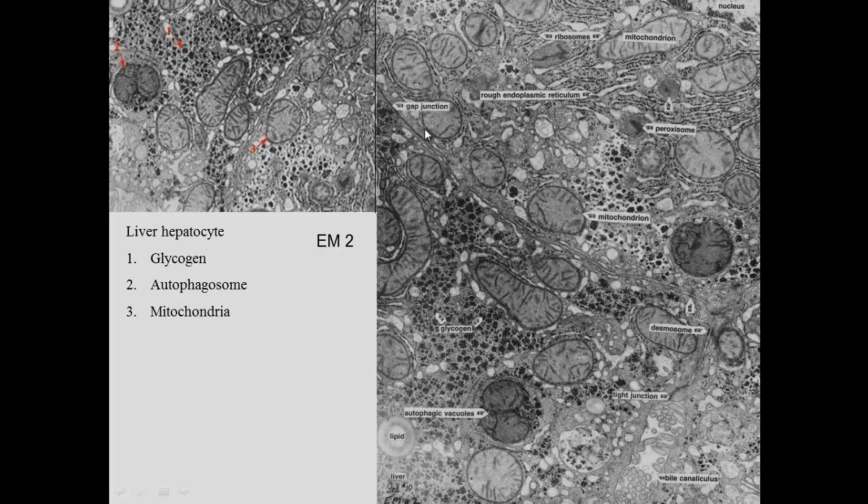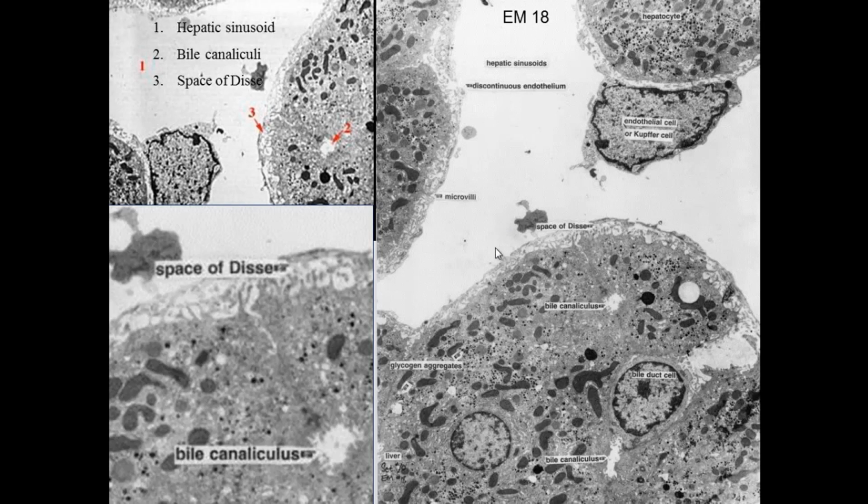Here we see a gap junction between adjacent cells, and we can see lipid that's there. Also, there's a fair amount of smooth endoplasmic reticulum. Nucleus up here. And the smooth endoplasmic reticulum is associated with detoxification.